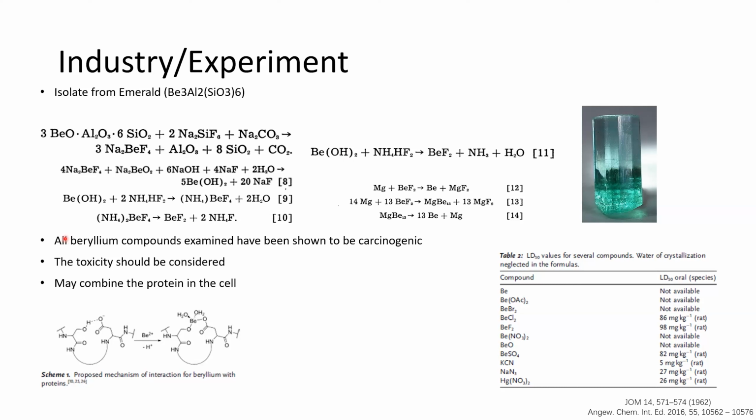Besides the industrial properties, we may also realize that all beryllium compounds are toxic and they may cause cancer for humans. From the table over here, we may see that lots of beryllium compounds have very low LD50 values, although they have a bit higher value than KCN, sodium azide, some mercury compounds, something like that, but they're still very, very dangerous.